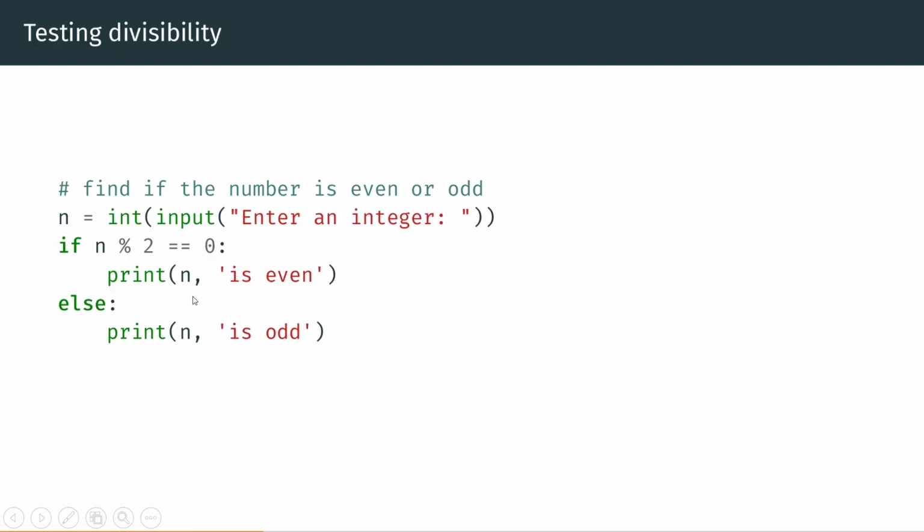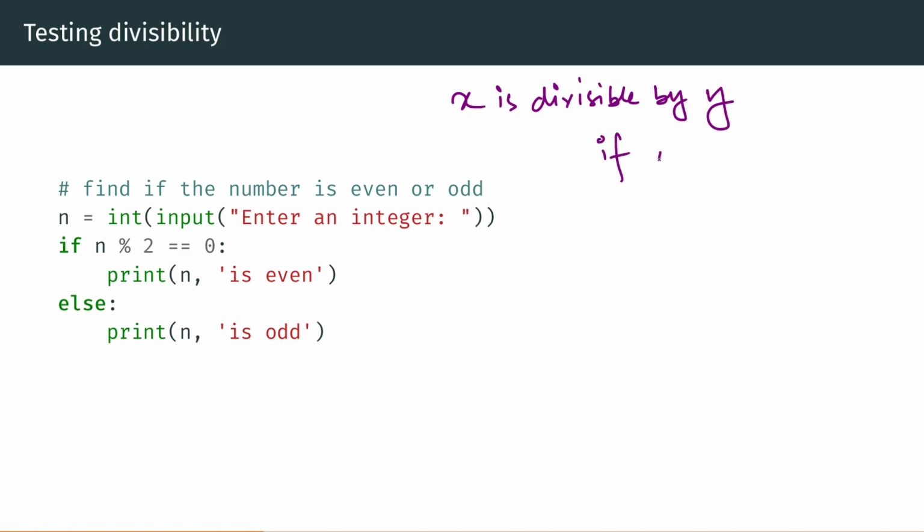Okay, so let's start with the first use case of quotients and remainders, which is testing divisibility. We say that a number x is divisible by any number y if the remainder is 0.